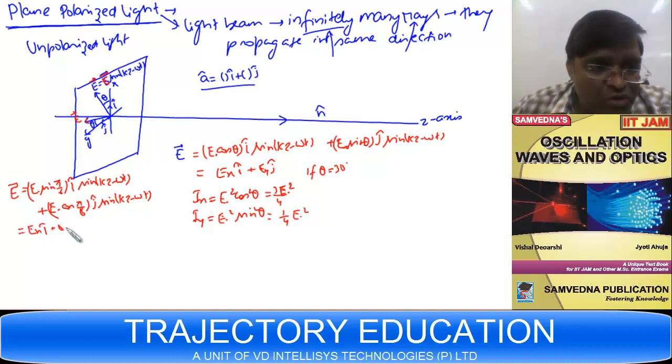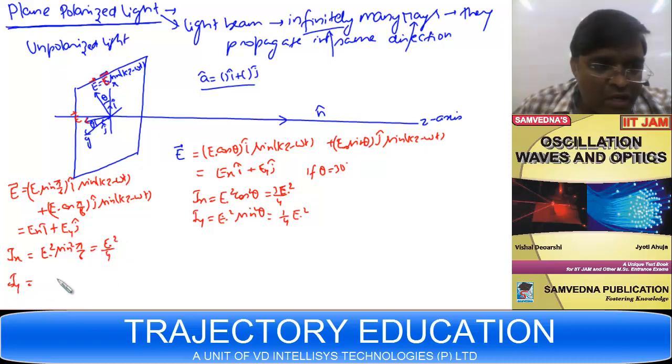So in that case, your intensity towards x is E naught square by 4, and intensity in the y direction is 3 by 4 E naught square.